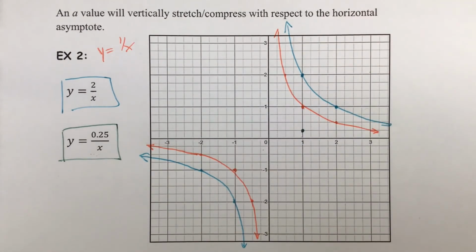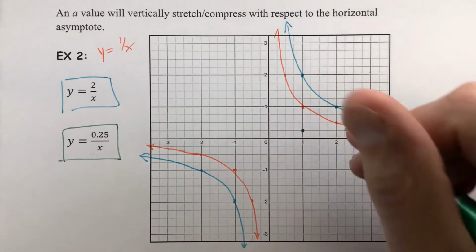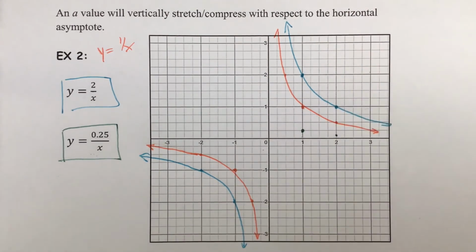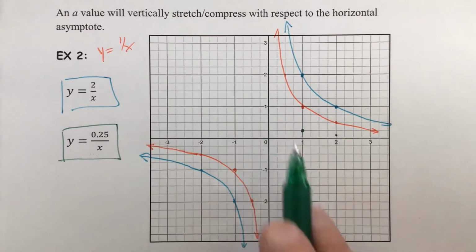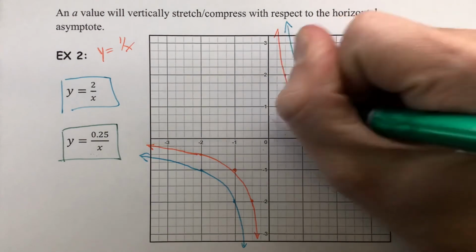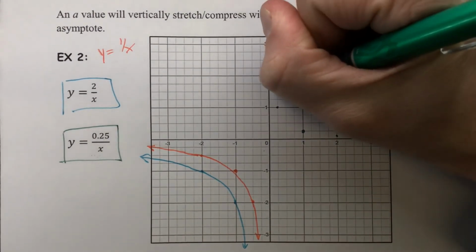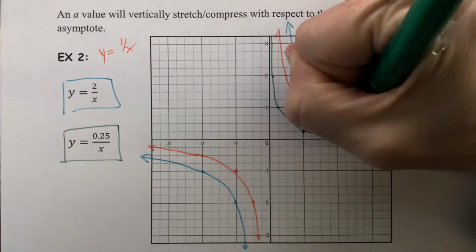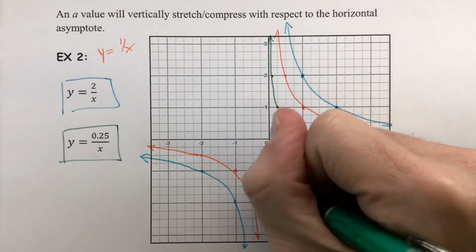And if I go out to 2, instead of getting a height of 1/2, I get 1/8. And these points, I can basically just move them over here. So I get a point here, get a point here. You're going to notice the graph gets pulled in towards those asymptotes. Same thing's going to happen here.